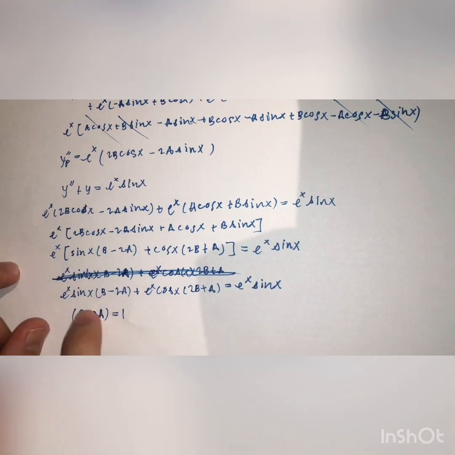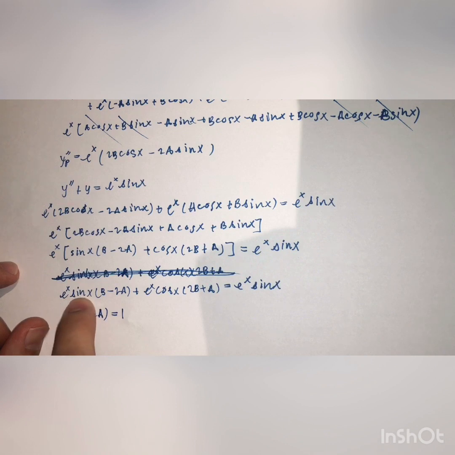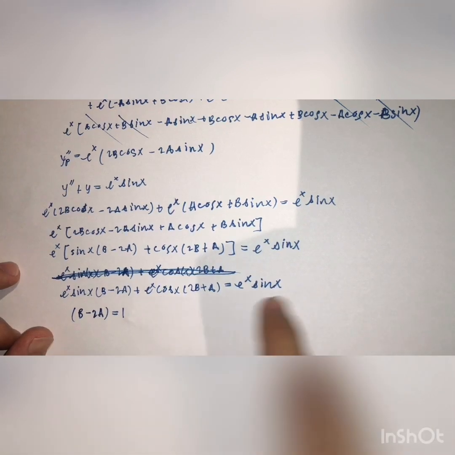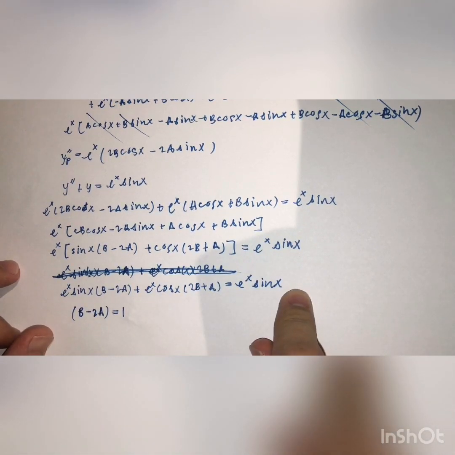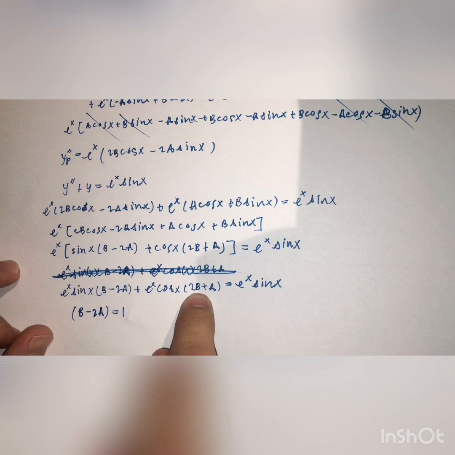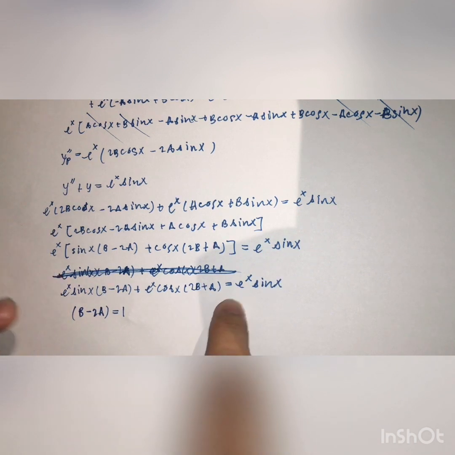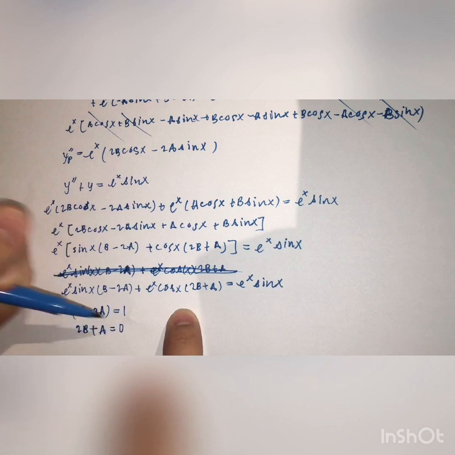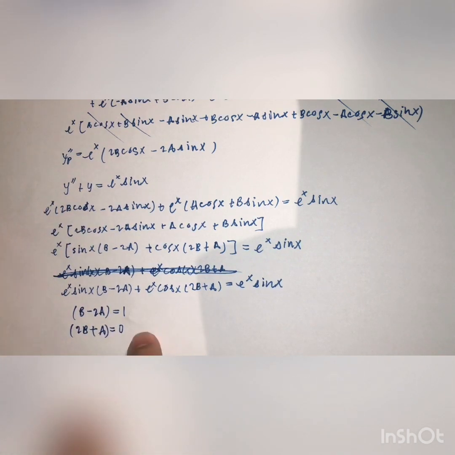And if that's 1, that'll just be e to the x times sine of x. And we don't have a cosine of x or e to the x attached over here, so we want this whole term to cancel out. So what can we make these constants so that this whole term will cancel out? Well, that has to be equal to 0. So 2b plus a is going to be equal to 0. Now we have a system.